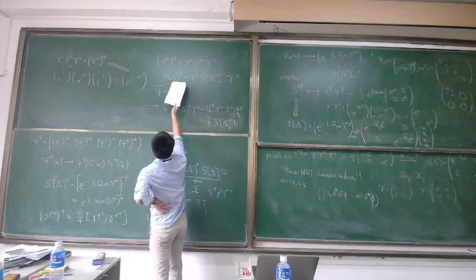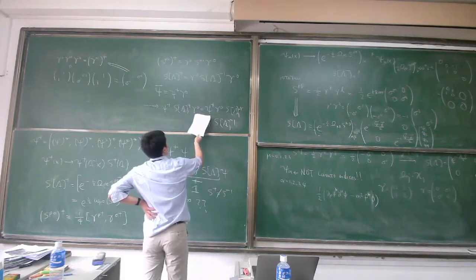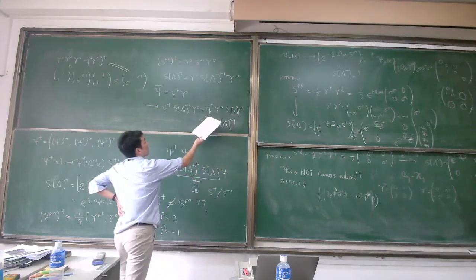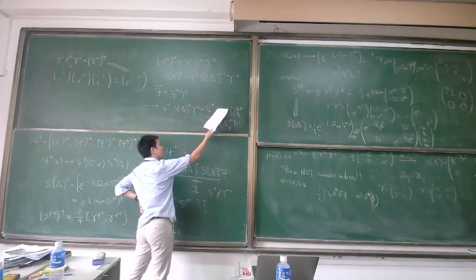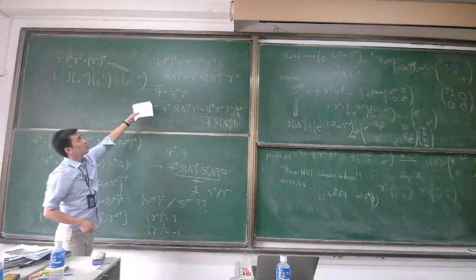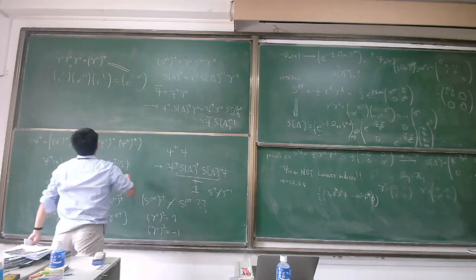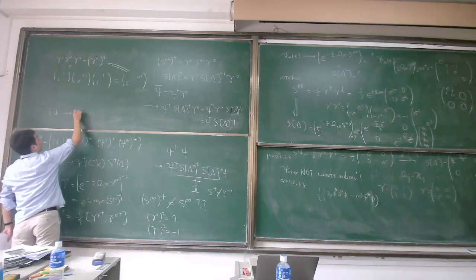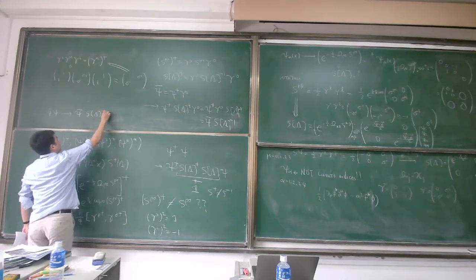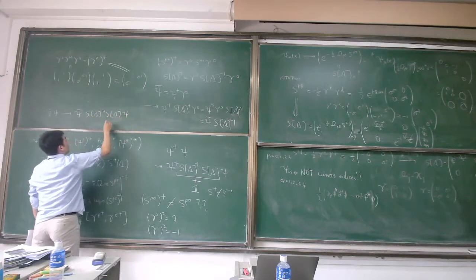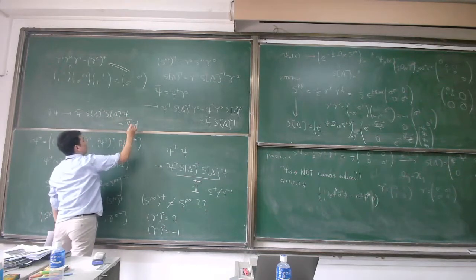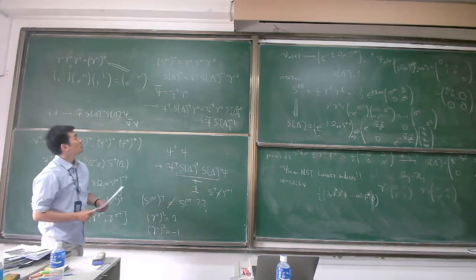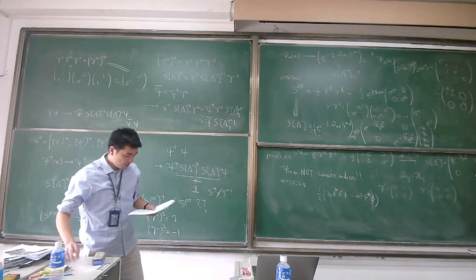We get S dagger times gamma 0. On the other hand, you have gamma 0 times S inverse. And we know that psi dagger and gamma 0 give psi bar, so we just define it this way. So if you have psi bar psi, then under the Lorentz transformation this stays invariant. This is a very nice property. This psi bar plays a very important role.